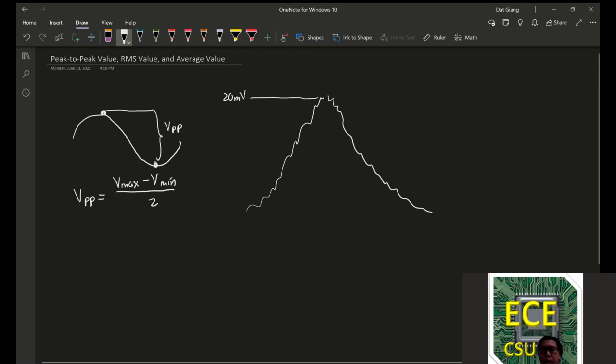Maybe this encodes that you compressed it to 170, just when you're using the old analog methods. Just in general, let's say that 20 millivolts is your peak.